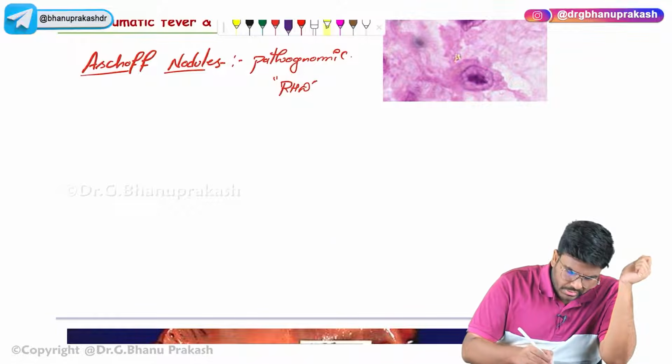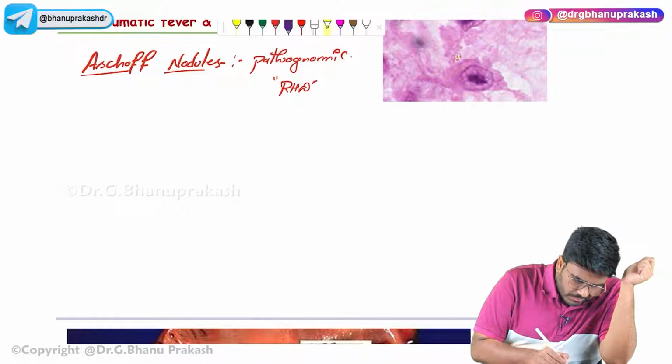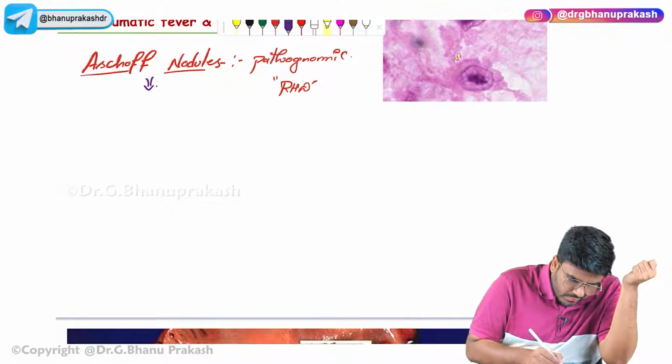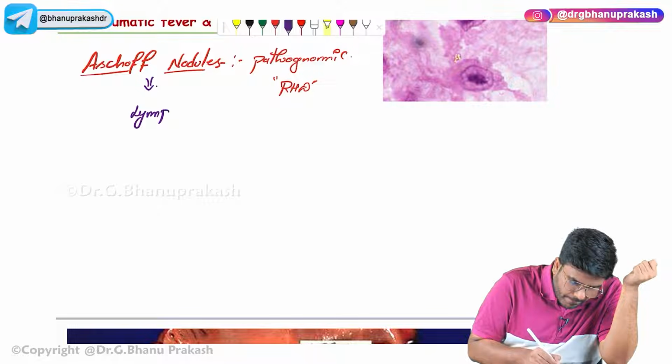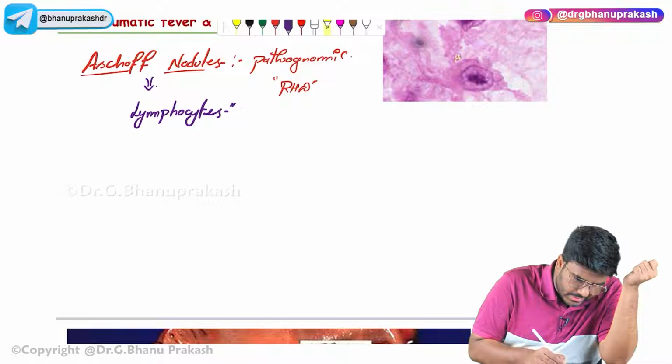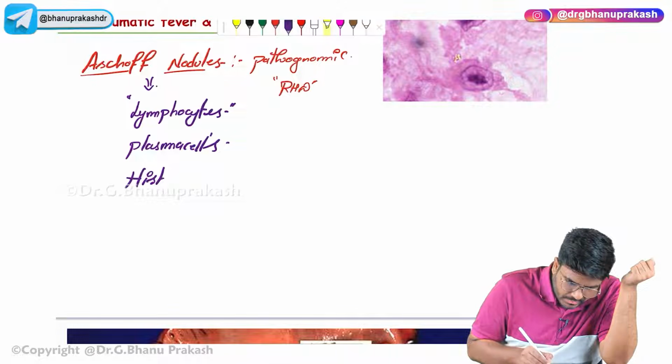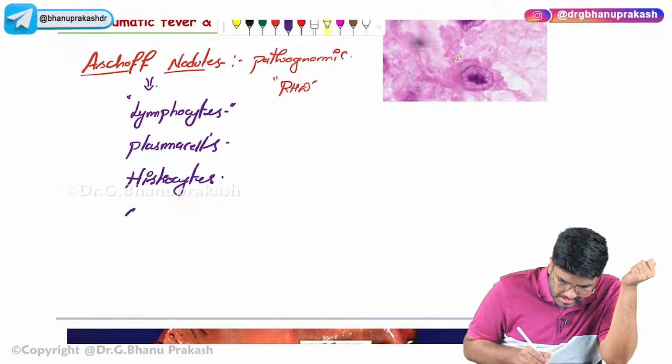as the Aschoff nodule. Now, this Aschoff nodule, they will ask you, what exactly is this Aschoff nodule? It's a collection of what? It's actually a collection of lymphocytes. In that area of inflammation, you will see the lymphocytes, you will see the plasma cells, you will see the histiocytes. Histiocytes are seen, and collagen fibers swollen.